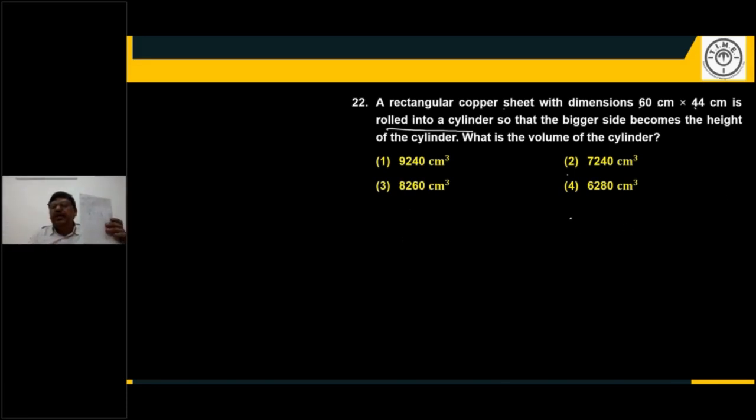You have to see. If you see, students, the question says such that the bigger side becomes the height. So the bigger side is going to be height. This is the height. So how are you going to fold?